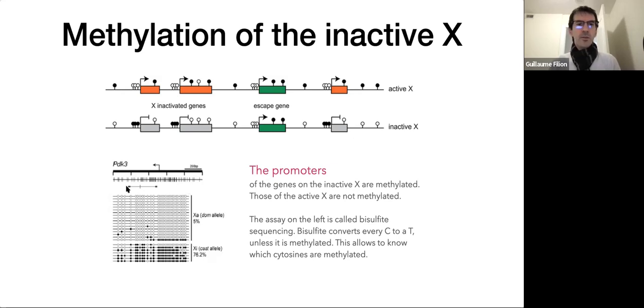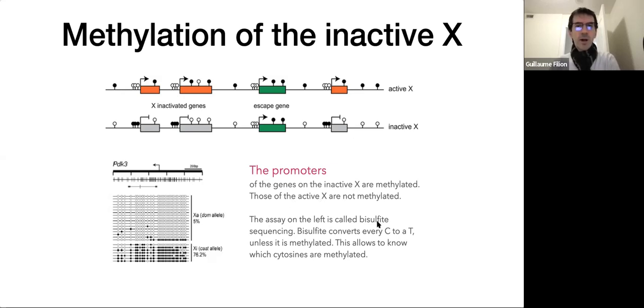And you could see that there is approximately 5% methylation here on the active chromosome and 76% methylation on the inactive chromosome. So the same sequence will be much more methylated on the inactive X than on the active X. And these sequences are systematically in promoters. So the promoters of the genes in the inactive X are methylated. Those of the active X are not methylated.